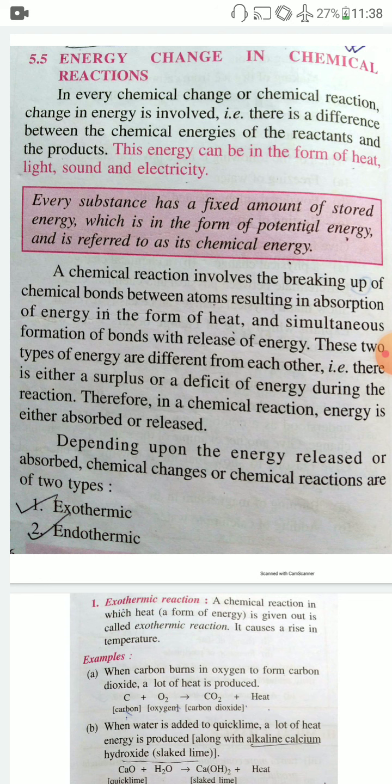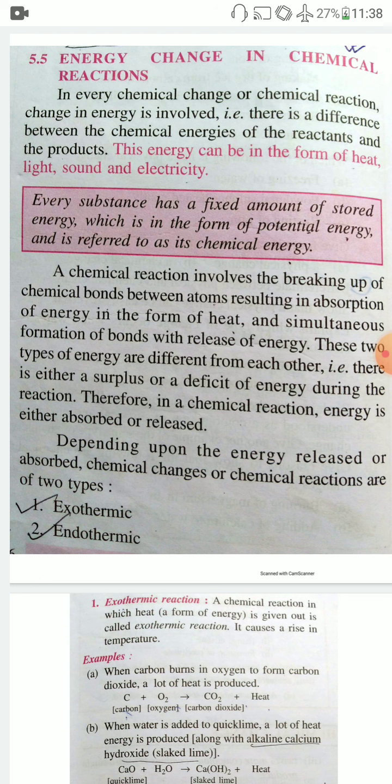So in every chemical reaction, energy is either absorbed or released. Energy is required to break the bonds present within the reactants, and energy is released after the formation of bonds in the products.